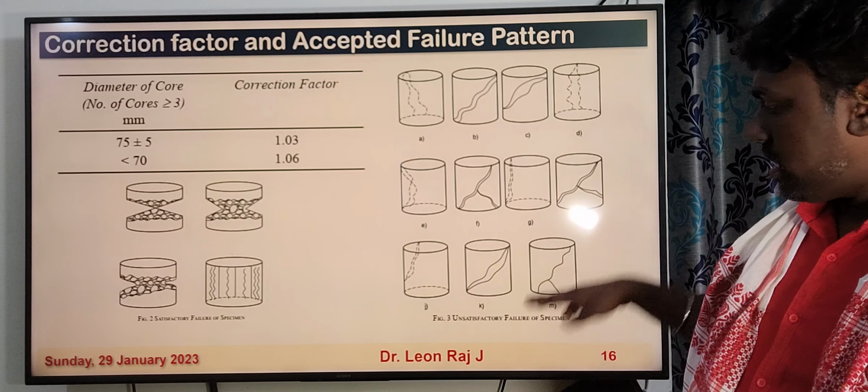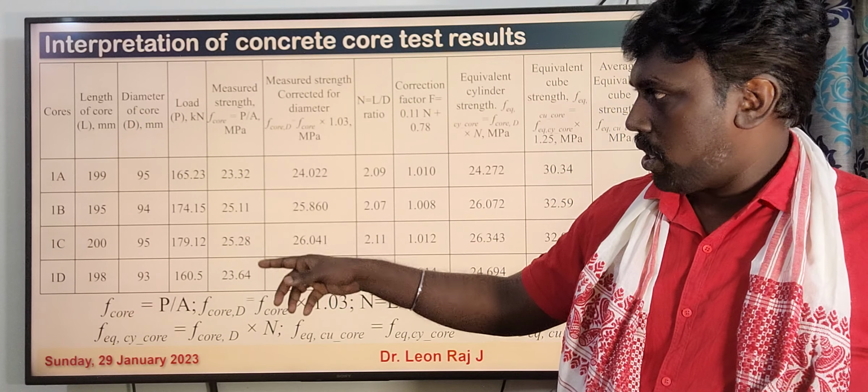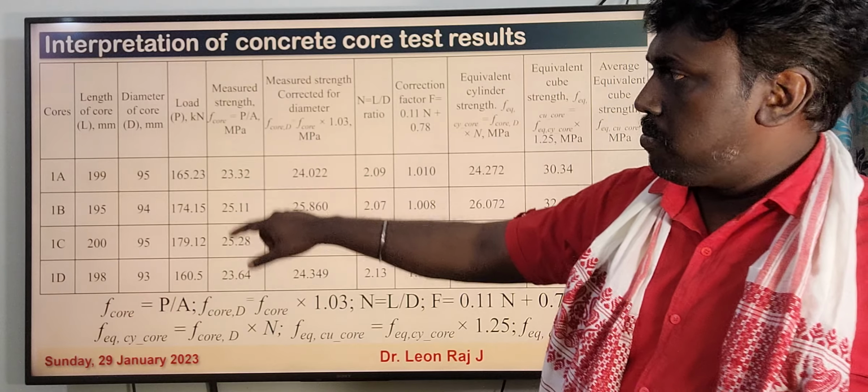Then interpretation of concrete core test results. So we have collected four concrete core specimens. We named them 1A, 1B, 1C and 1D. This is the core name.